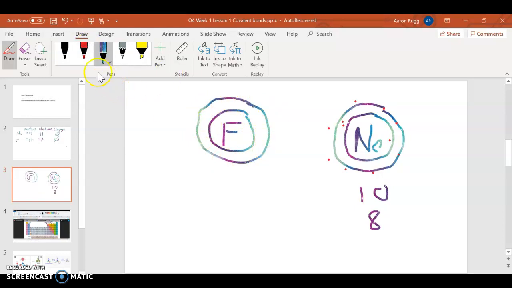I can drop 2 in the first level, and then I can drop 7 in the second level. 4, 5, 6, 7. It's got 9 electrons. Okay. How many valence electrons? 7, right? Because we just count the outer ring.